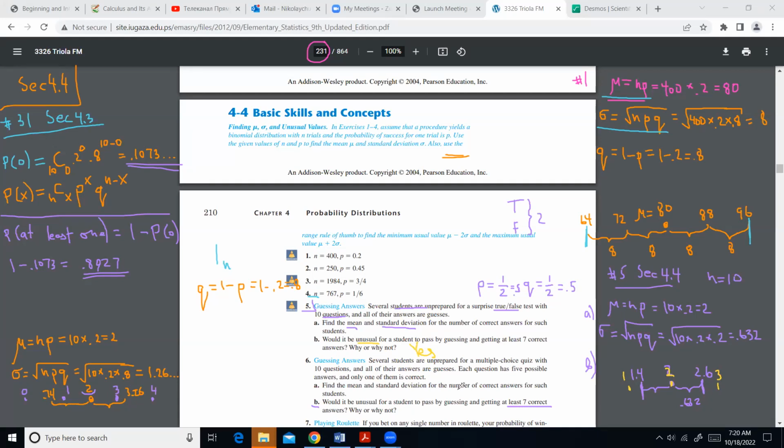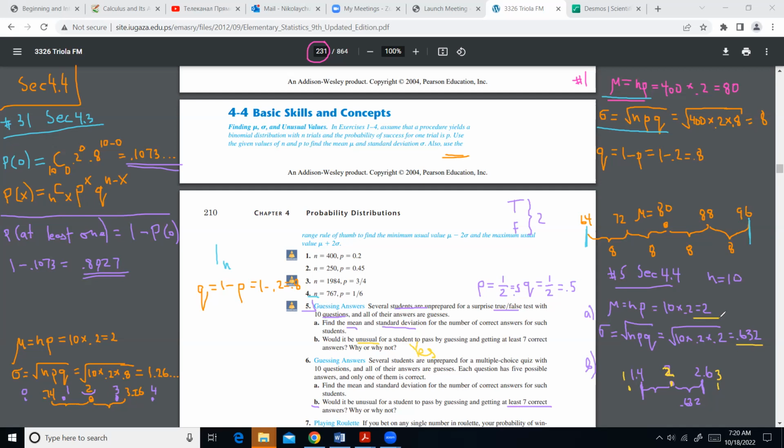Because again, what we expect is 2, or maybe 3 if you're lucky, maybe 4, but definitely not 7. 7 is way too far from this ballpark, which is based on your standard deviation and mean. So you can make an estimate by using these formulas.